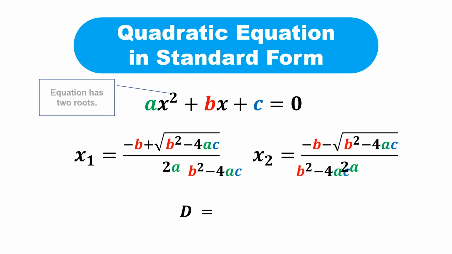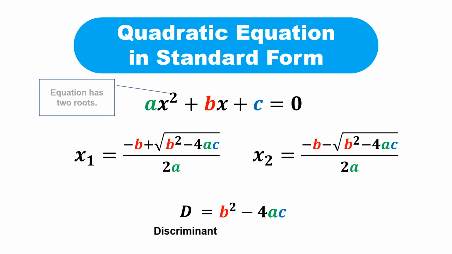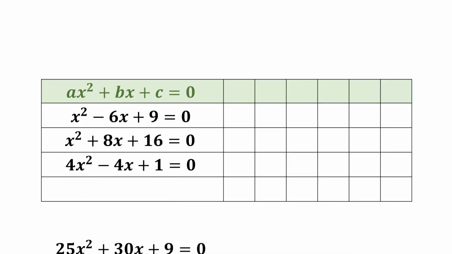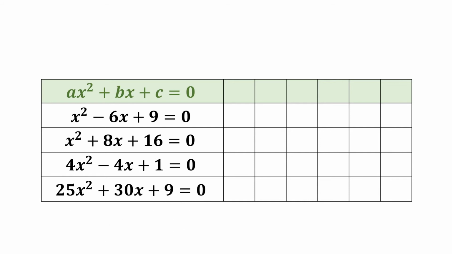And the expression d is equal to b squared minus 4ac, called the discriminant, has an important role in describing the nature of roots of quadratic equations. Let's investigate this set of quadratic equations. Each quadratic equation is in standard form, and the left side of each of these equations is a perfect square trinomial.